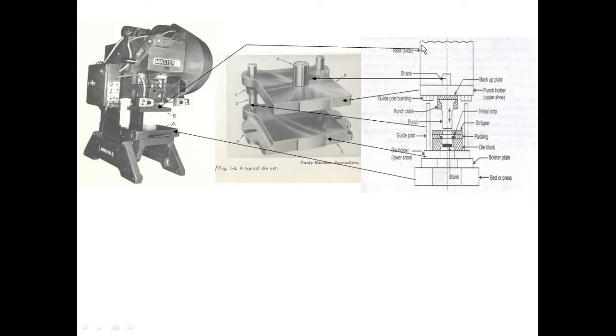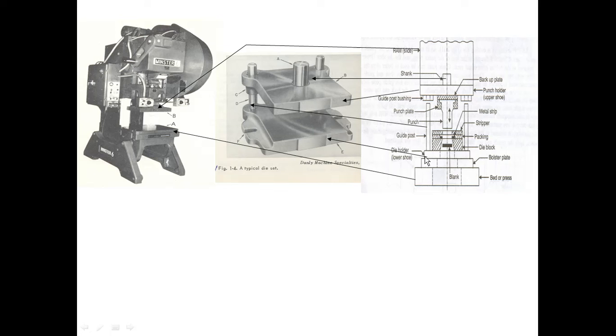So you can observe this figure carefully. The ram it is here, and the bed of the press is part of the press. Then the shank you can observe here, this shank is to be fixed. Then the punch holder, and the guide post.